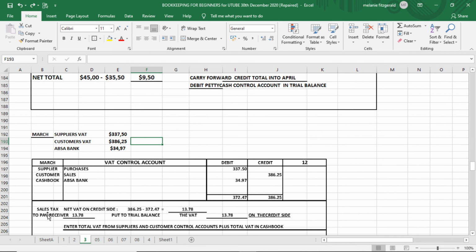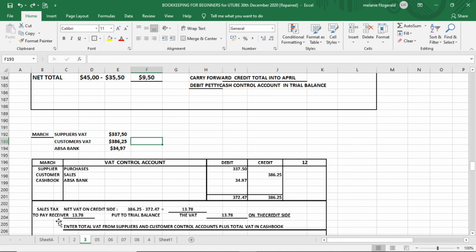Okay, watch my mouse, the sales tax net value on the credit side. So basically, you're going to work out what we're going to pay the receiver. All right, so then we take the $386.25. We take away from it the $372.47, and we get a total of $13.78. Now, this is then paid to the receiver of revenue.